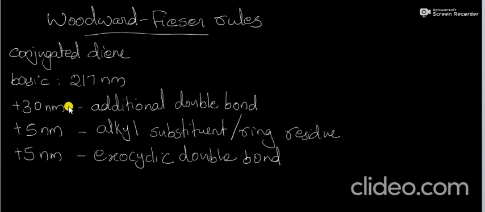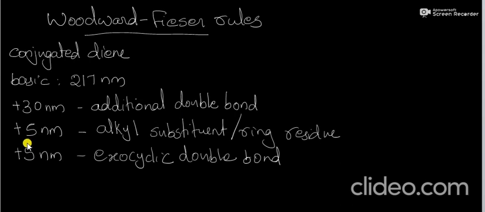The basic lambda maximum for a conjugated diene is 217 nanometer. Add 30 nanometer for each additional double bond extending conjugation.